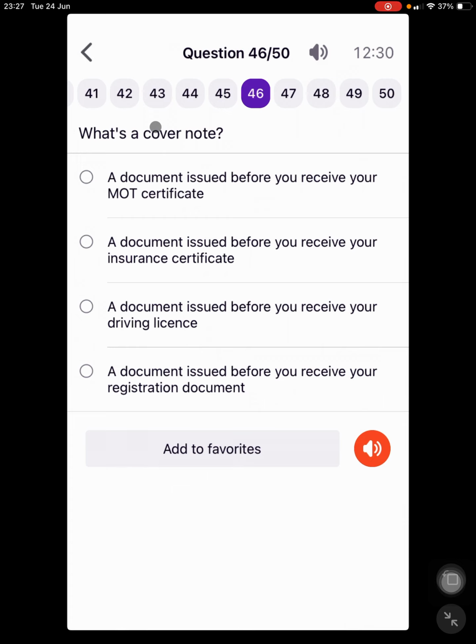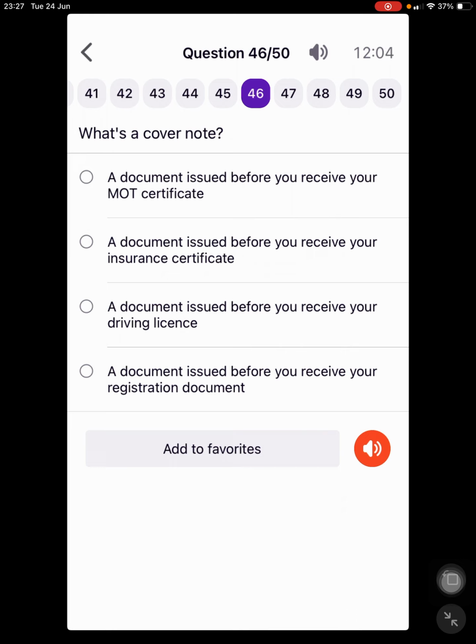When you apply for insurance, when you call an insurance company, and even when they give you insurance, the insurance certificate takes some time. Before they send you your insurance certificate, they will send you an email or a letter to prove that you got insurance.